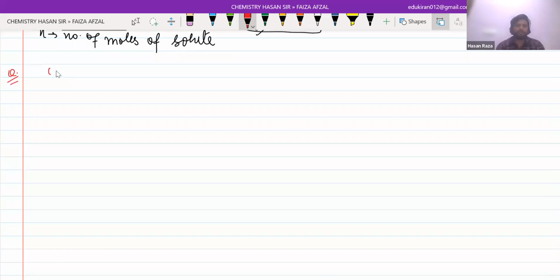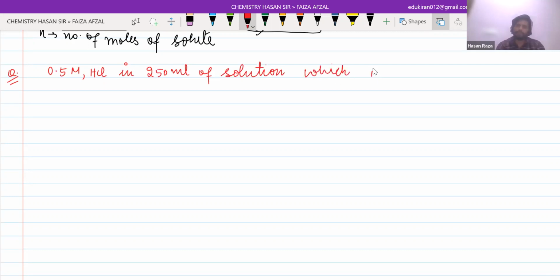The question is: 0.5 M HCl in 250 ml of solution is diluted with 250 ml of water.